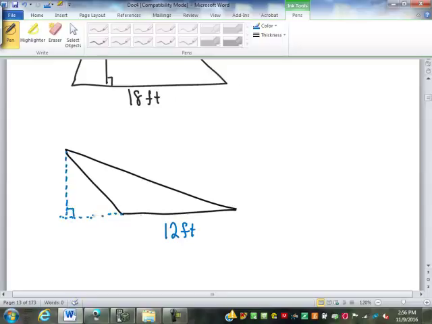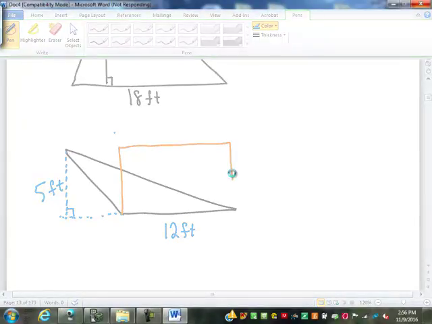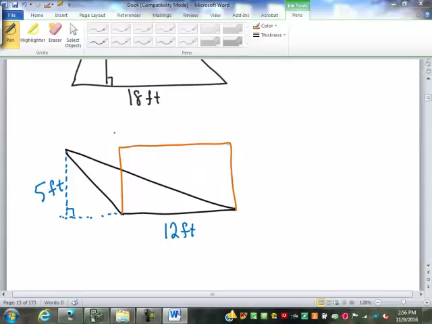We extend that base out so that it goes below that furthest vertex. And we extend up at a right angle. And this is defined to be our altitude, or height. Say that's 5 feet. Looking at that, at first it can be very difficult to see that as being related to, or half the area of, our related rectangle.